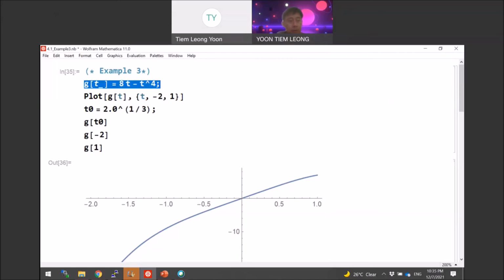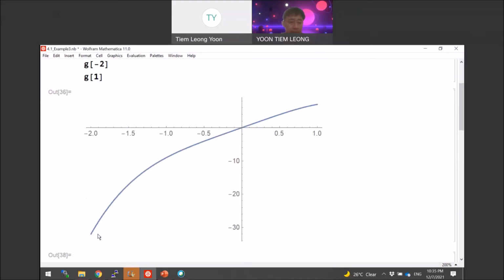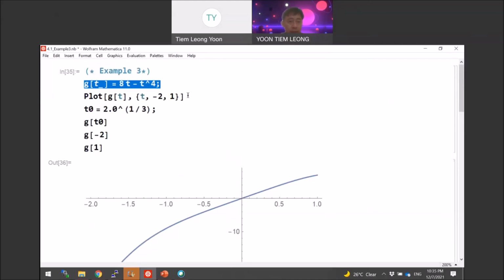I can plot the function g. So when you plot it, you get these functions. And the value of t0 is just 2 raised to the power of 1/3.